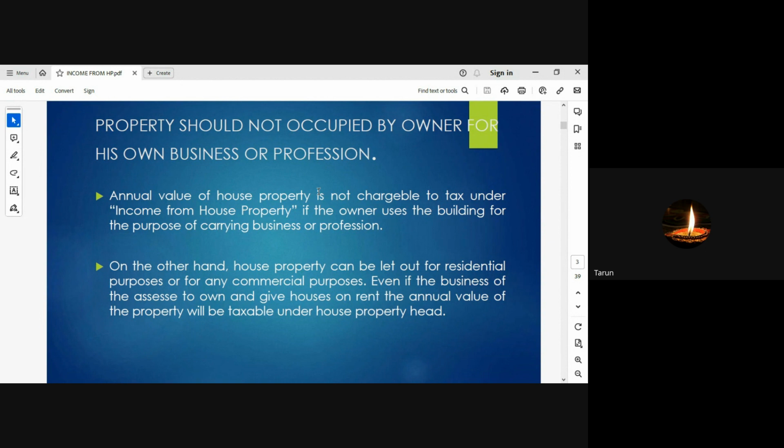The annual value of that property will never be taxable. But if any property that the owner owns is let out on rent for residential or commercial purposes, the annual value of such property will be taxable under this head.